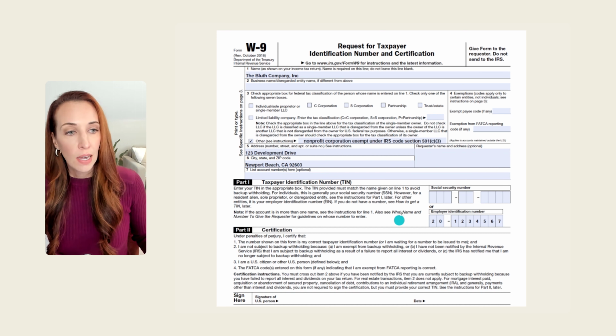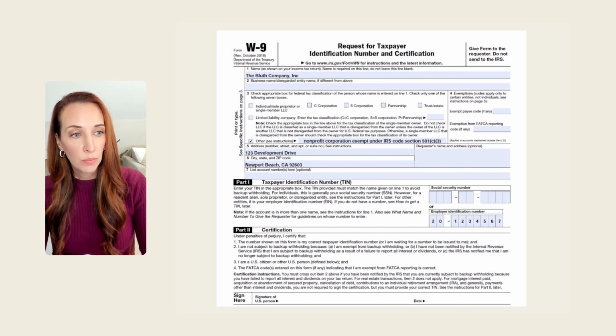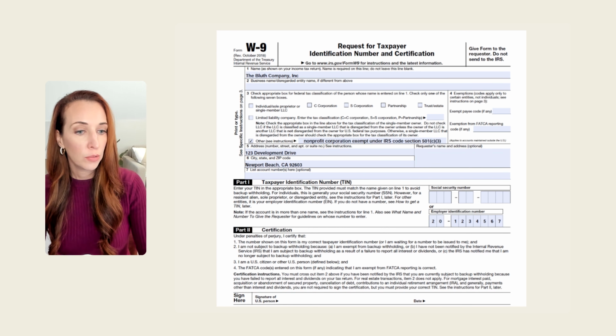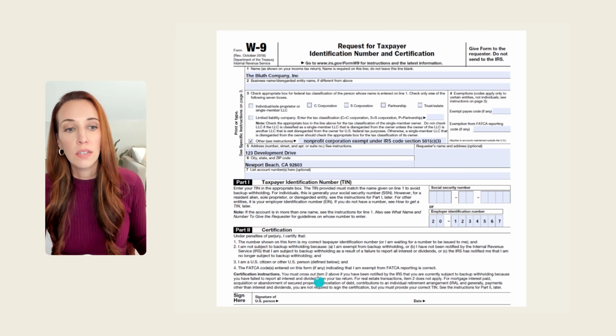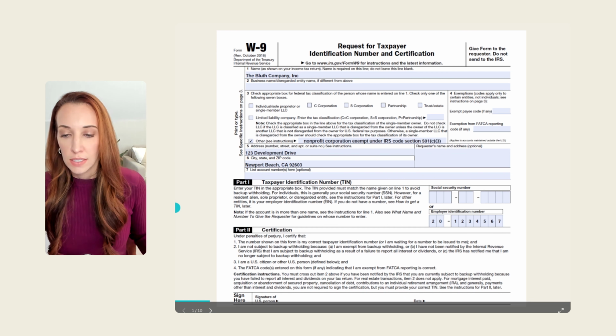And then we're going to jump down to the employer identification number. So you should have an employer identification number, pretty self-explanatory, and you just fill that information in here. This does need a signature, so be sure that you're signing the form before you provide this to someone.